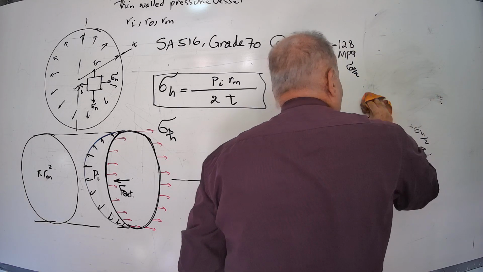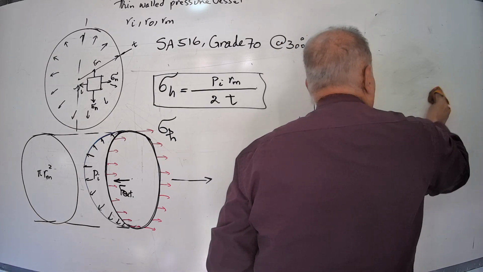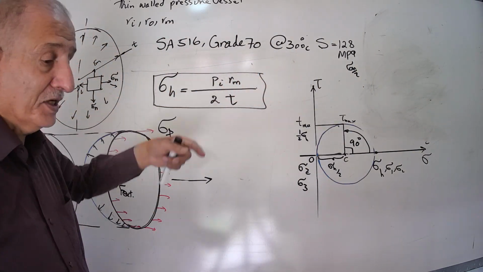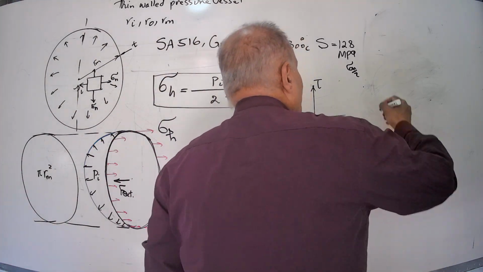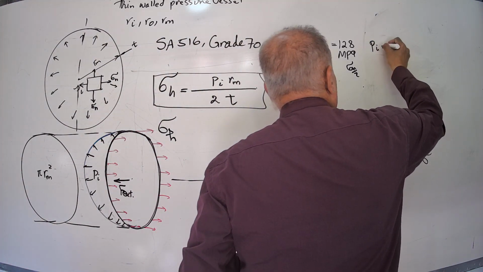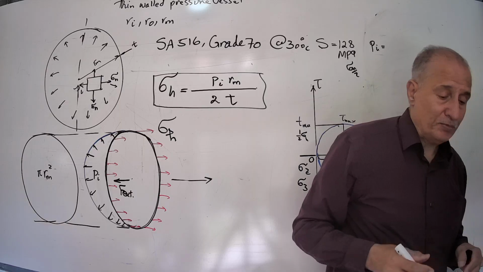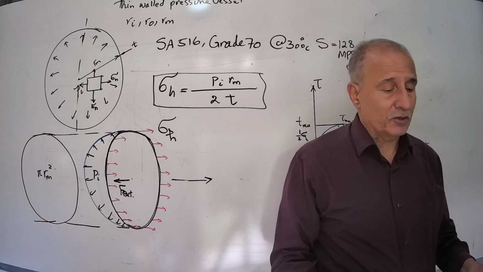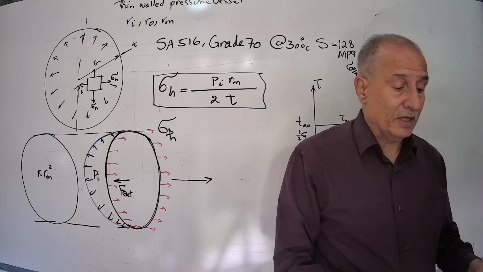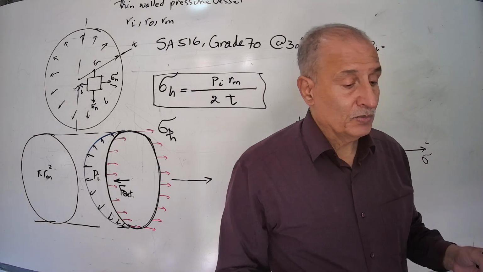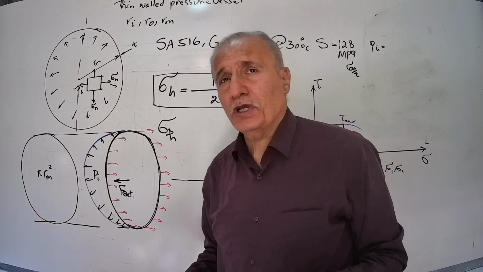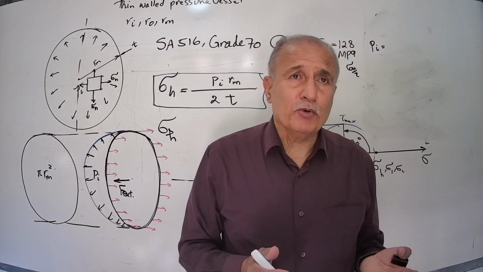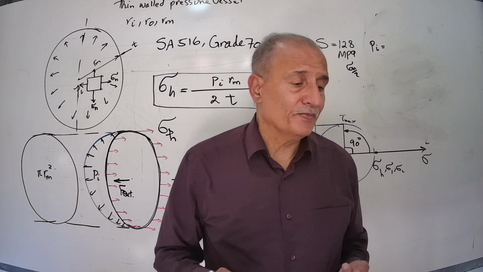ASME says what thickness is required for a pressure vessel that wants to work at 300 degrees centigrade, and for example, P is assumed at 500 psi. Let's consider 500 psi is 3.45 megapascal.